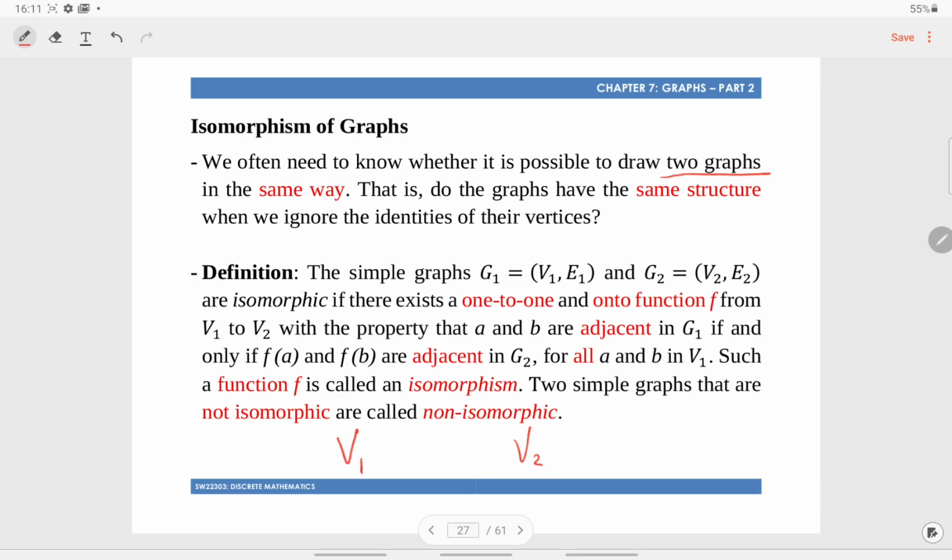So G1 and G2 are said to be isomorphic if there exists a function f from V1 to V2, where the function f is required to be a one-to-one and onto function, with the property that A and B are adjacent in G1 if and only if f(A) and f(B) are adjacent in G2.